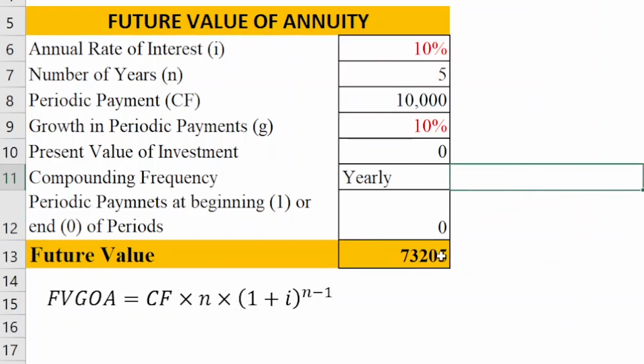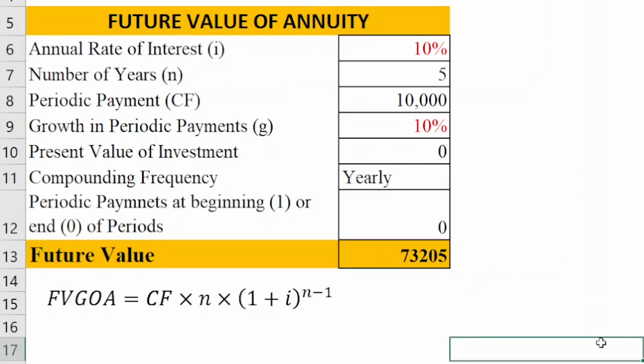So the answer will be computed, that is 73,205 will be the future value of growing annuity in case interest rate and growth rate are both same. This is the future value of growing ordinary annuity in case interest rate and growth rate are same.